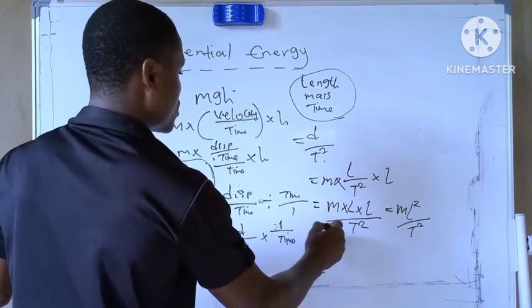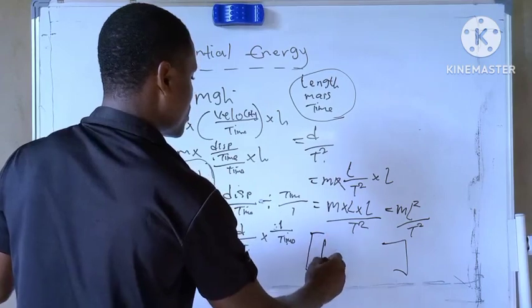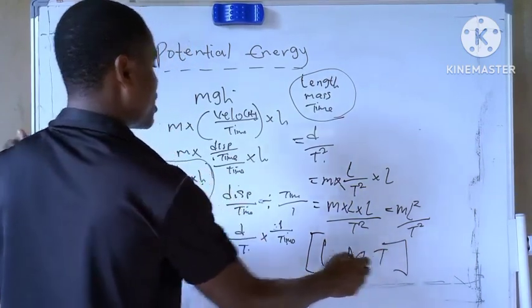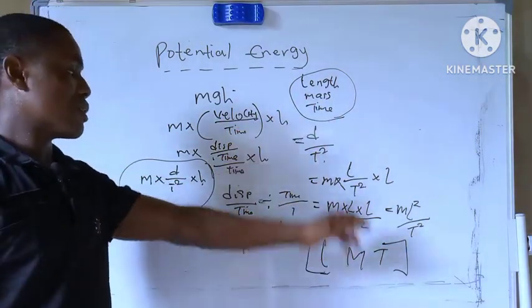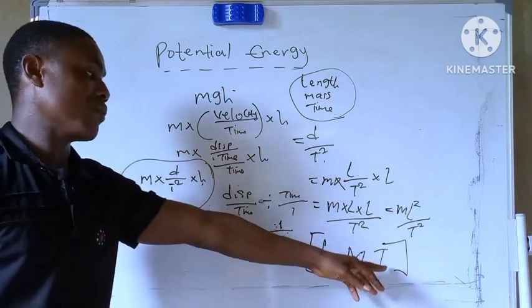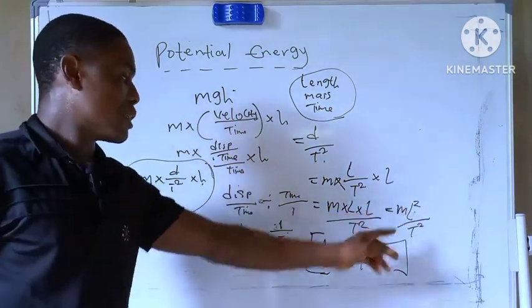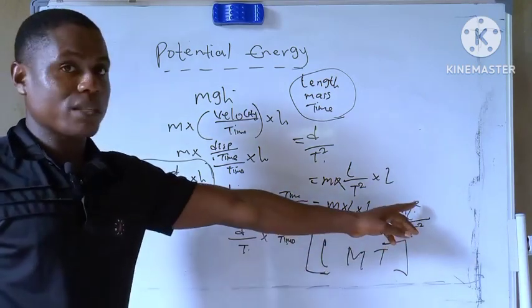So you write your bracket open, your bracket close, write them down L, M, and T. So these are the three symbols of these three quantities. L represents length, M represents mass, and T represents time. Okay. So we see that M is present, also T is present, also L is present, right?